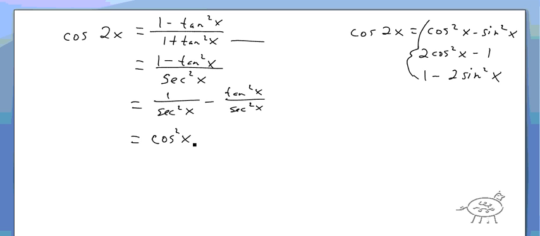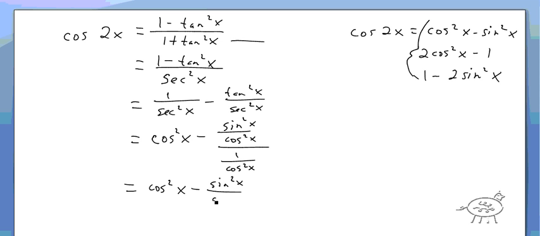So that's going to be cosine squared of x, and then minus sine squared of x over cosine squared of x over 1 over cosine squared of x. So I can rewrite that as cosine squared of x minus sine squared of x over cosine squared of x times cosine squared of x over 1.